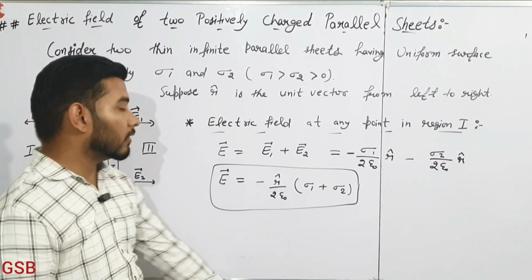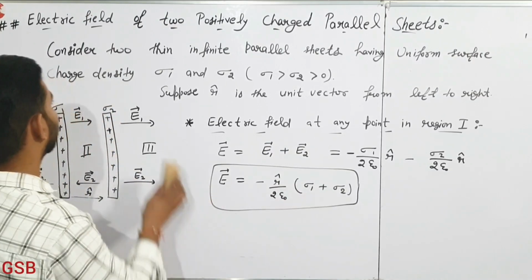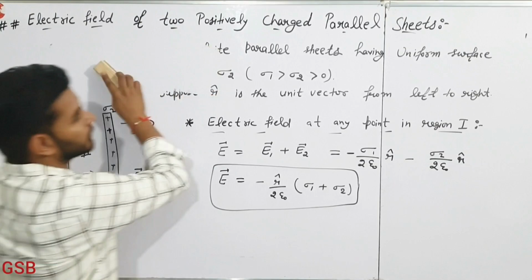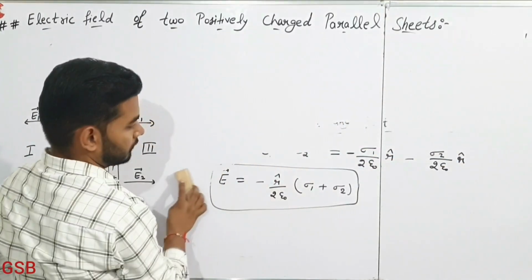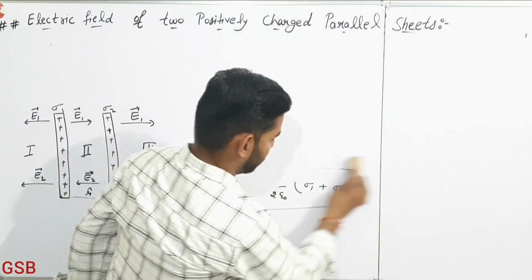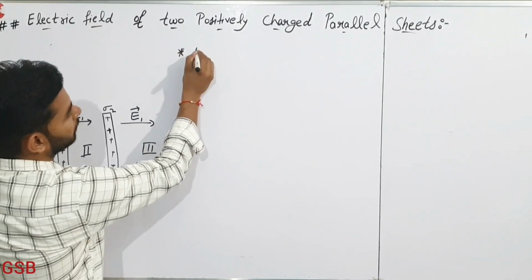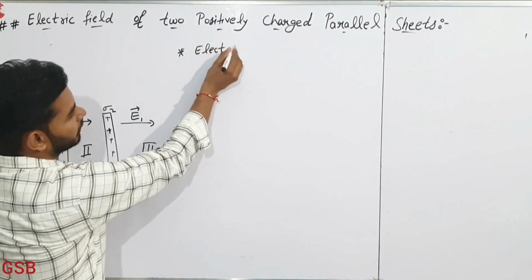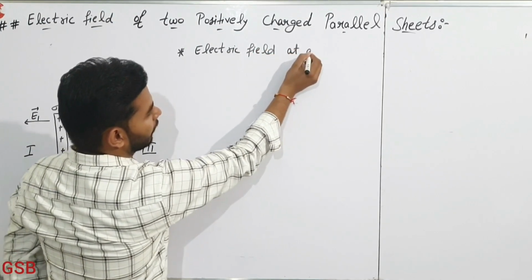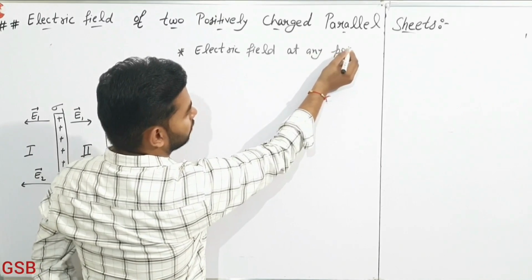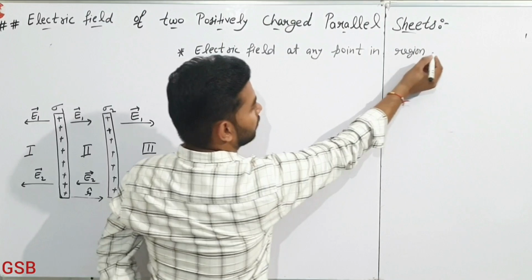Now we calculate the electric field at any point in region second. Okay, I hope you wrote that. Okay, now we calculate the electric field at any point in region second.